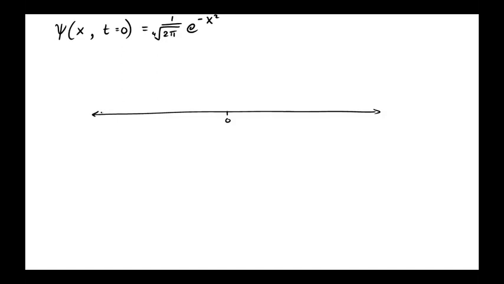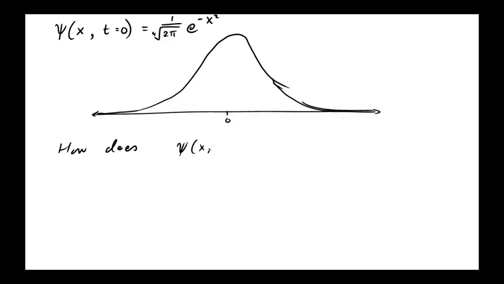So what does our wave function look like at time t equal to 0? It looks just like a Gaussian, right? Sorry, I'm making a mess of it, but it's a symmetrical figure like this. And now this is a free particle on a line, so there's no potential, and we want to understand how psi of x, t evolves with time.